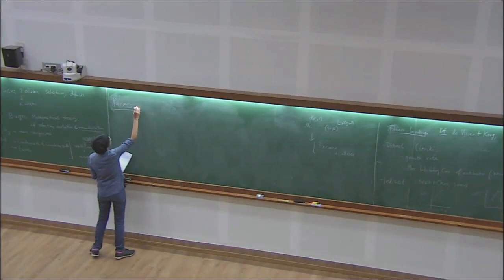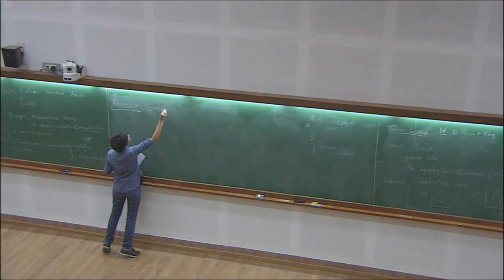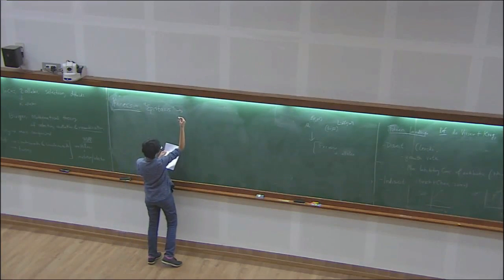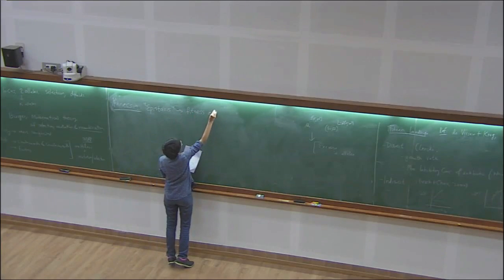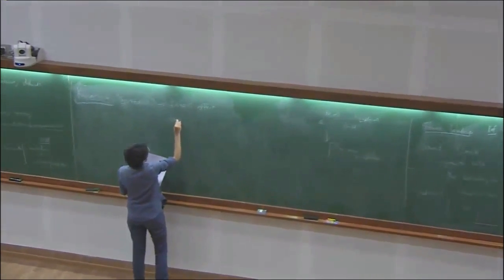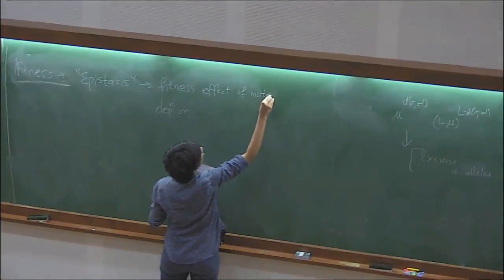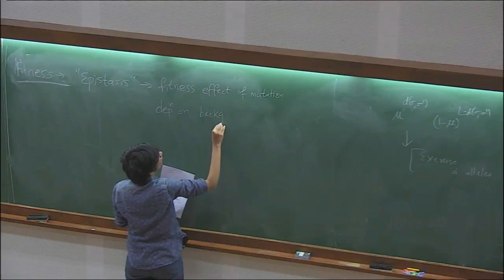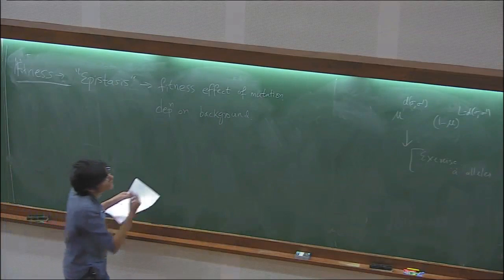There is a term called epistasis. It's a measure of the fitness effect of a mutation, which I'll explain, and it is dependent on the background. When we say there is a non-zero epistasis, it's a measure of interactions.